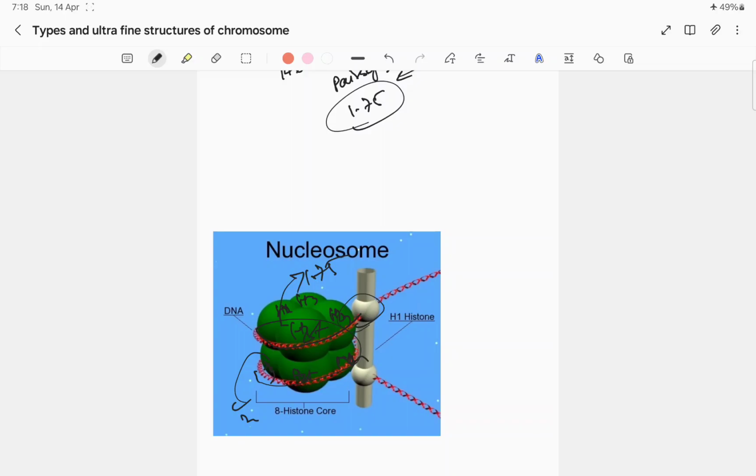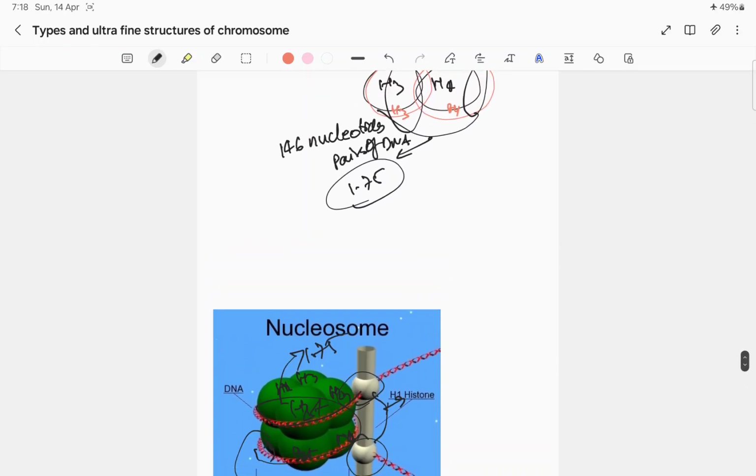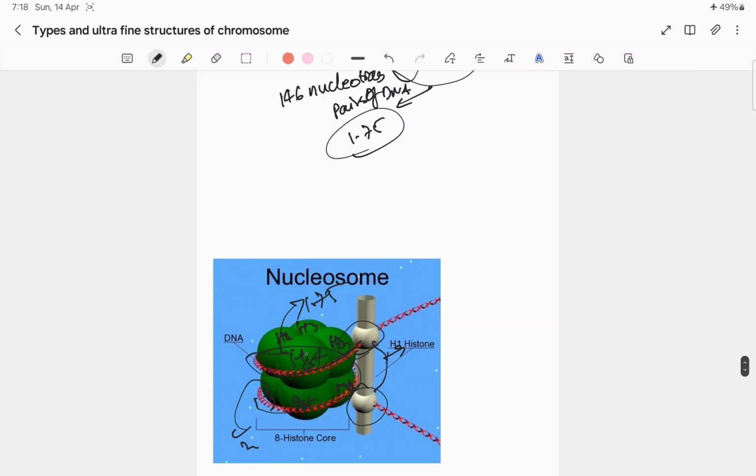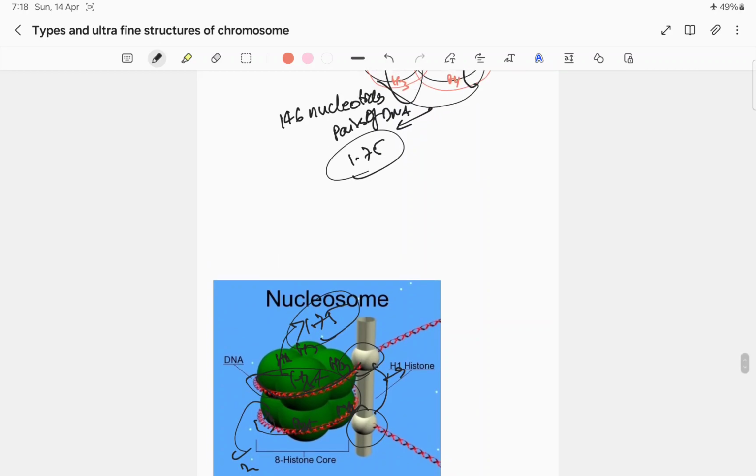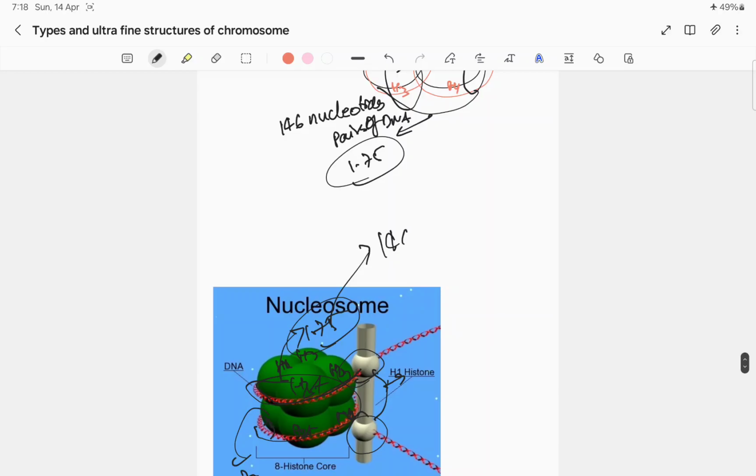And this is the H1 histone protein. In these 1.75 turns, 146 nucleotide pairs will be present, like adenine, thymine, guanine, cytosine, right? Like this 146 pairs will be present.